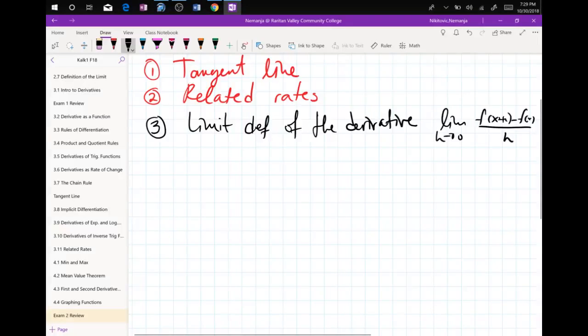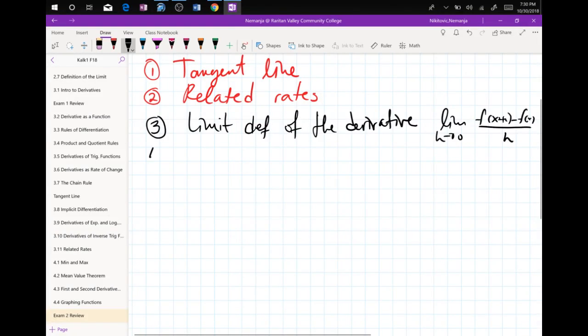So if the question says find the derivative using the limit definition of the derivative, I find the derivative of, I don't know, square root of 3x, and you just go, oh, I know what the derivative of this is. It's 3 over 2 root 3x because you know the chain rule. Well, all I can do is assign 2 points out of 10 for something like that, because you are supposed to use the limit, not other stuff.